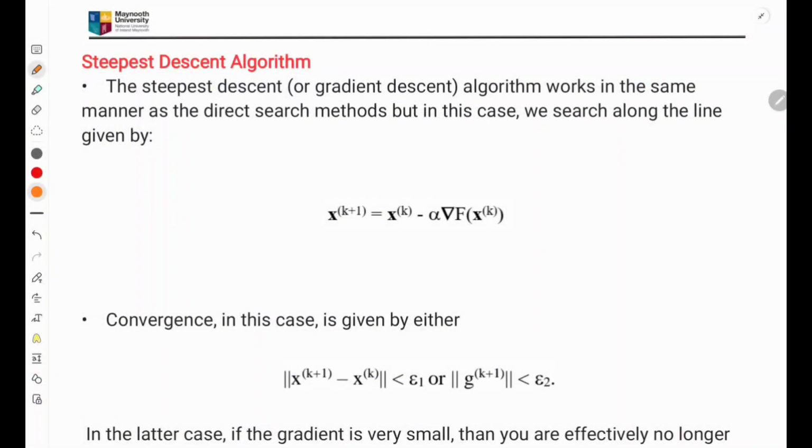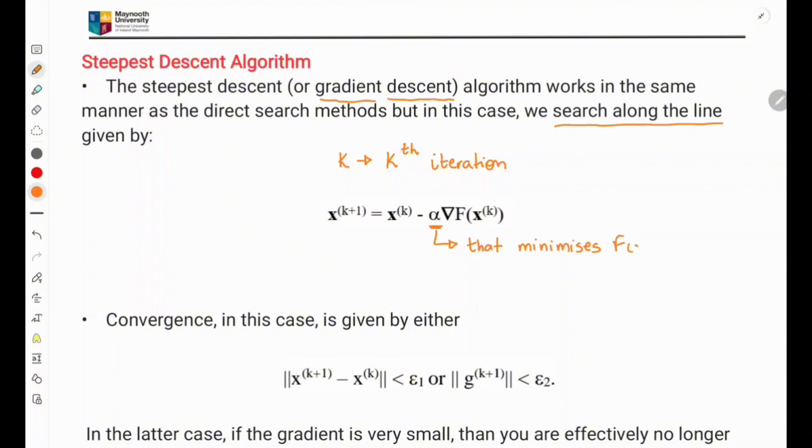So the steepest descent algorithm, or just gradient descent, works in the same way as the direct search, but in that case we search along the line given by the following equation. And once again, k represents the kth iteration of the algorithm, and we find the value alpha that minimizes the function f(x), and so we update our new estimate of the minimum, and then we repeat the process until the solution converges.